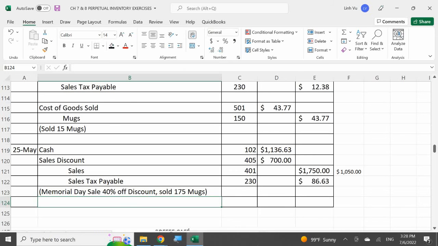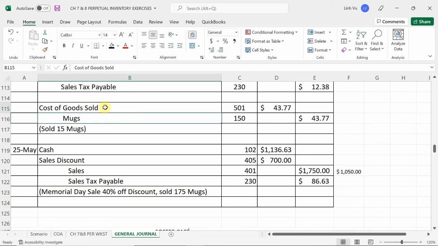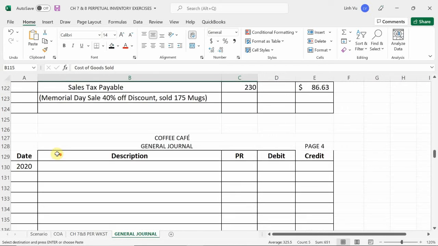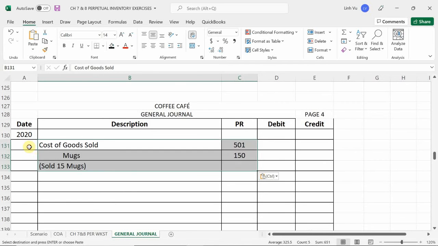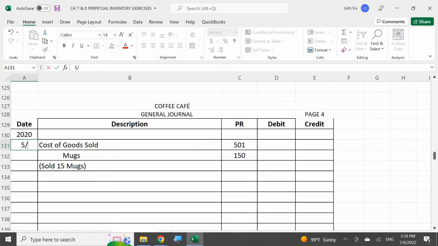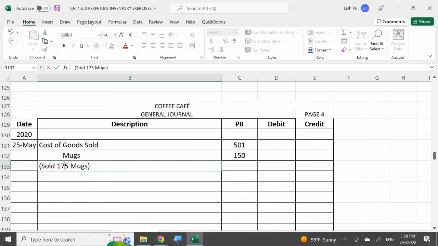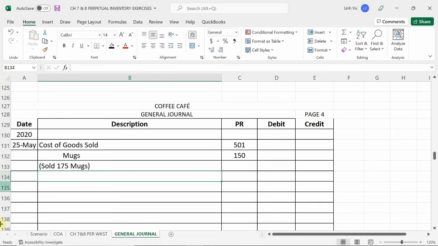Since I sold 175 mugs, I also now have to adjust my inventory accordingly. On May 25th, I sold 175 mugs.